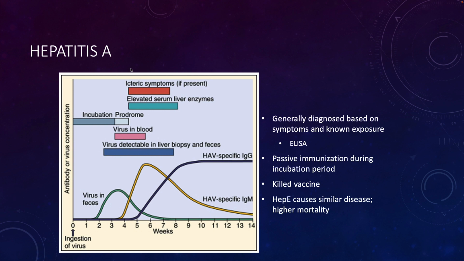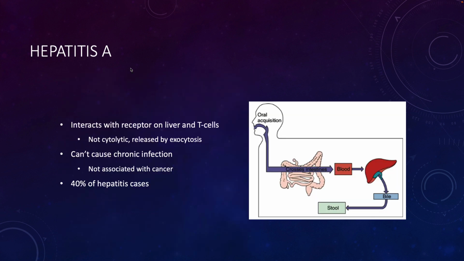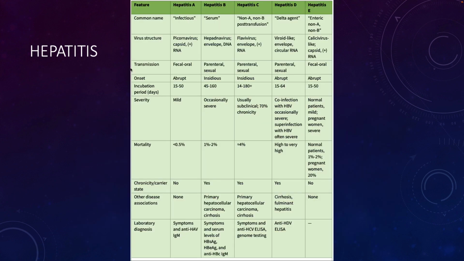Hepatitis E is very similar in terms of the type of disease it causes. It's not necessarily a similar virus, but it has abrupt onset, abdominal pain, nausea, potential jaundice. However, it has a higher mortality, and if we go back to our table, we see it more, especially the high mortality in pregnant women.